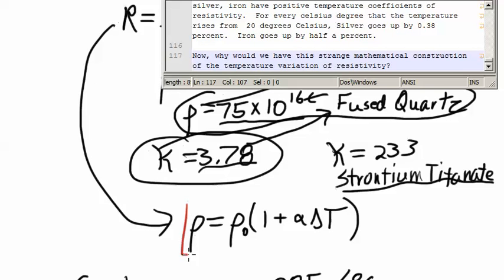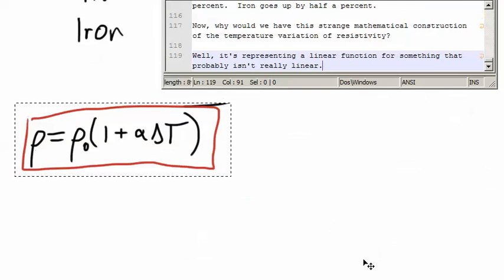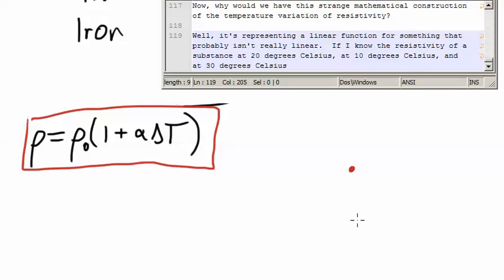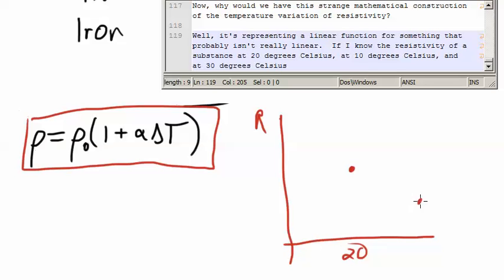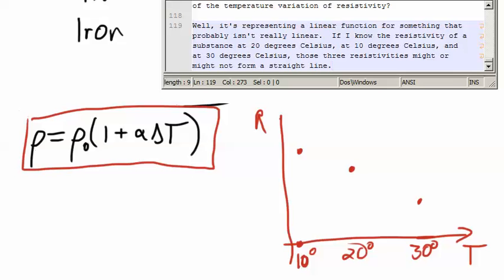Now, why would we need this strange mathematical construction for the temperature variation of resistivity? Well, it's representing a linear function for something that probably isn't really linear. If I know the resistivity of a substance at 20 degrees Celsius, 10 degrees Celsius, and 30 degrees Celsius, those three resistivities might or might not form a straight line.